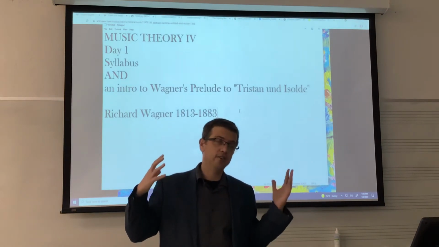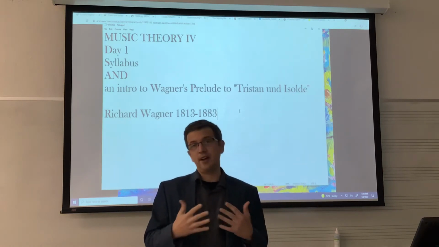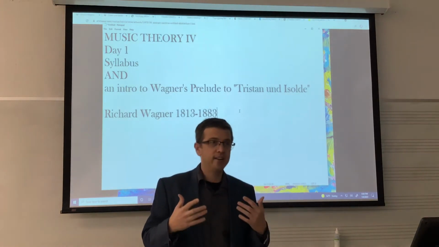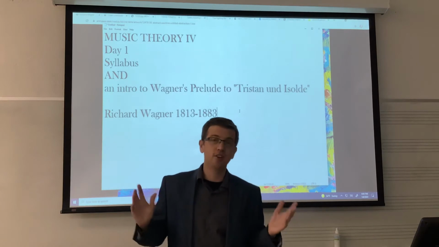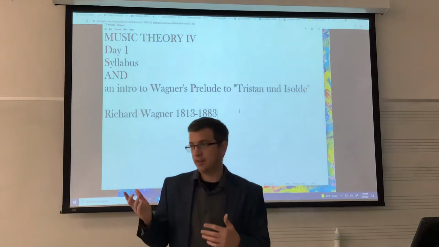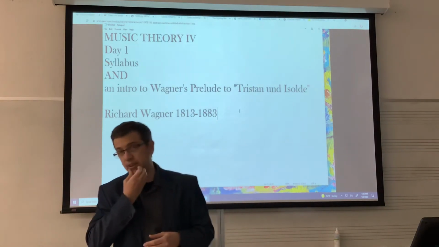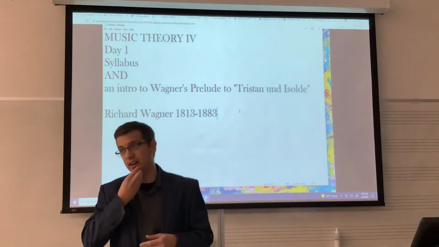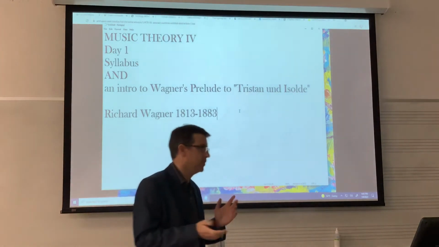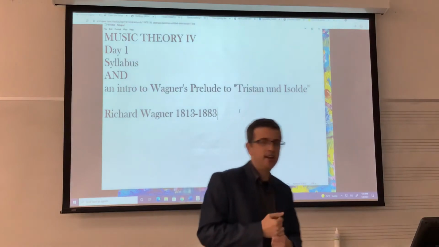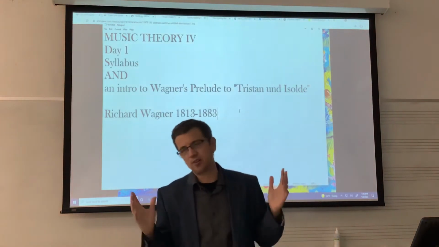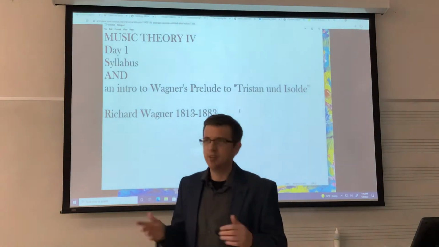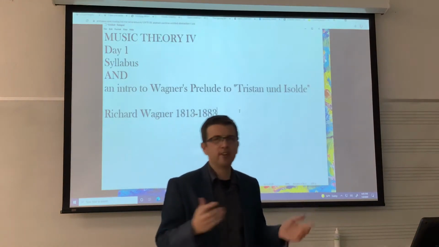So now the two of them are completely madly infatuated, and of course it's all a bad love triangle, right? Now he's got to take her back to King Mark, and it's no good. So this opera is all about how they're going to try to make it work, and of course it won't, because in the end they die. So there you go, spoiler alert.